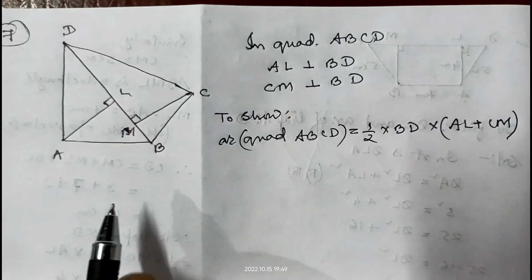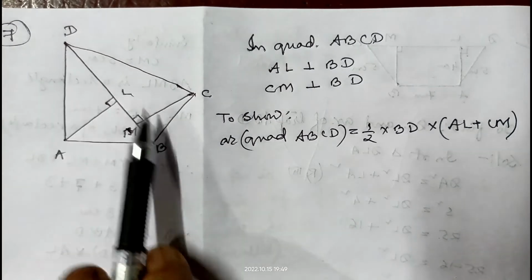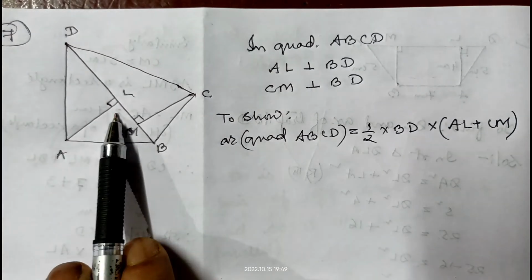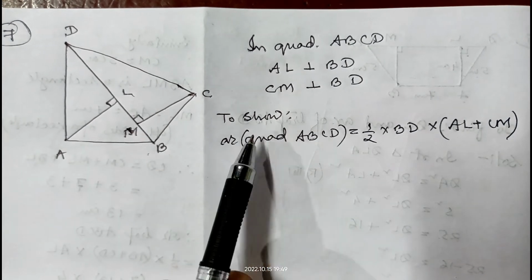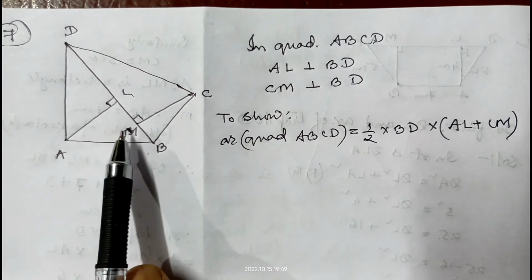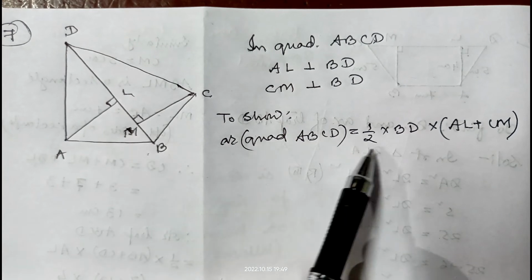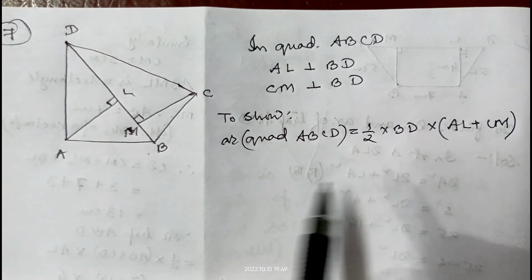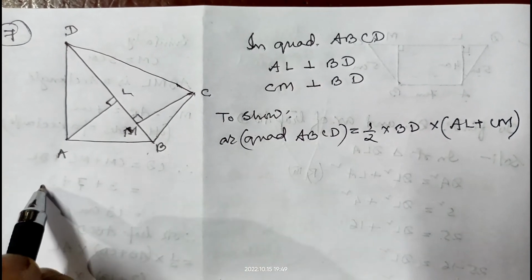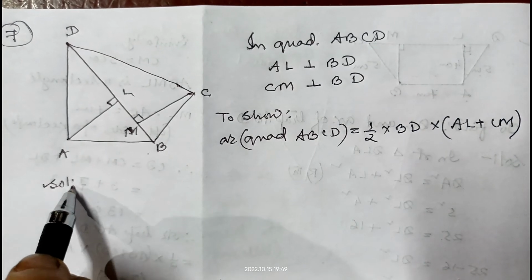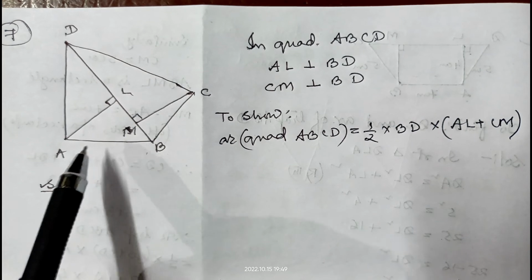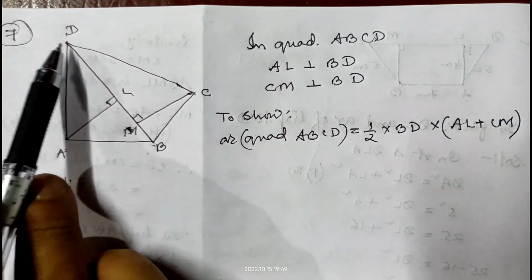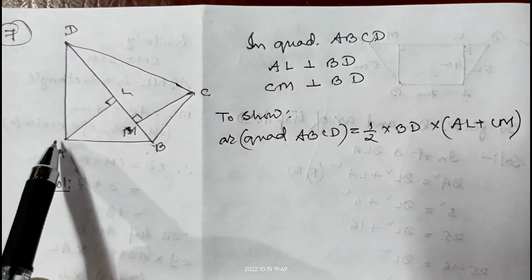In question number 7, it is given that in this quadrilateral, AL is perpendicular to BD and CM is perpendicular to BD, and we have to show area of this quadrilateral is half into BD into AL plus CM. Now in this sum we have to consider the area of the triangle, that is half into base into height. Now if we consider the triangle ABD, then this will be the base and this will be the height.